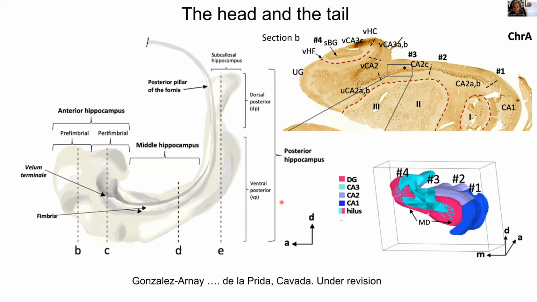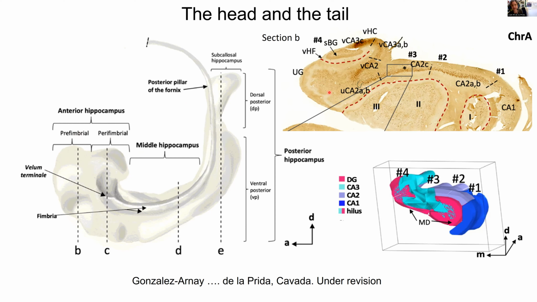And just to finish, a couple of slides to remind that the human hippocampus is way more complex than the rodent hippocampus. The human hippocampus has a head, which is very convoluted and very difficult to understand. Here is a section at the level of the head, and this is work done in collaboration with Carmen Cavada.